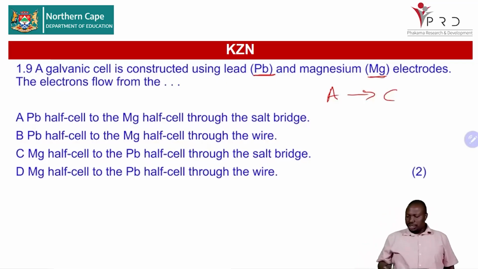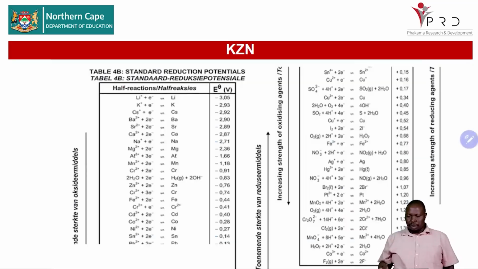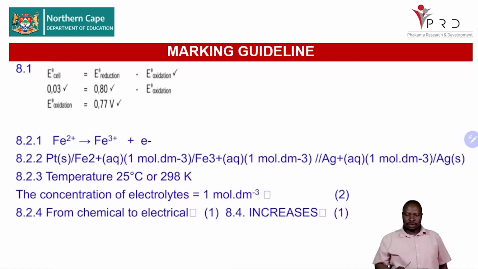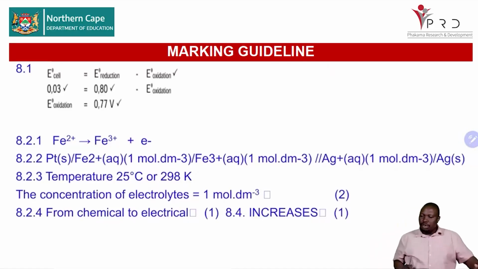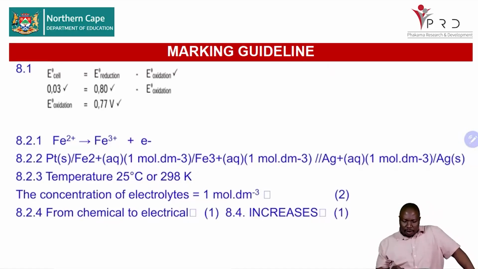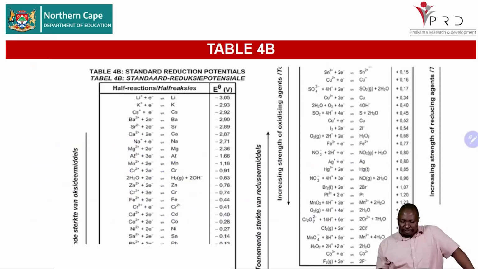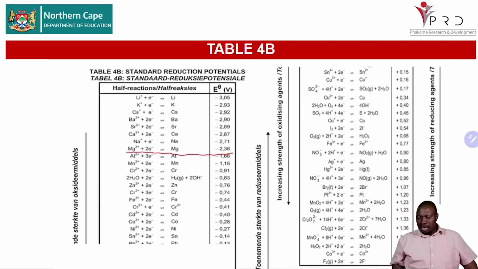So if I go to the table, yes, here we have a table. Sorry for that. If I go to the table, you are able to see that we're looking for magnesium and for lead. So magnesium is there with a standard reduction potential of minus 2,36.